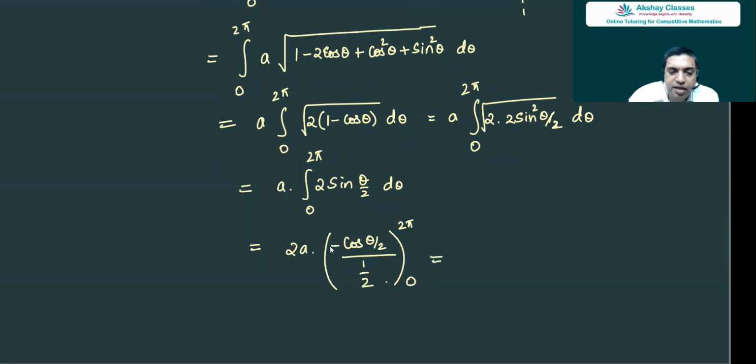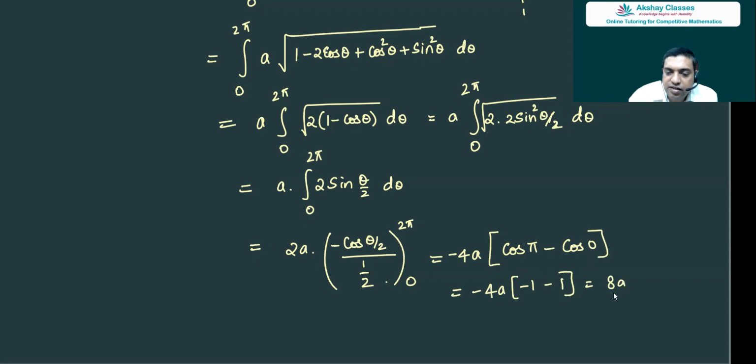So take the minus sign out, so minus 4a times (cos of 2 pi upon 2, that is cos pi, minus cos of 0 upon 2, that is cos 0). That is 4a times (minus 1 minus 1).